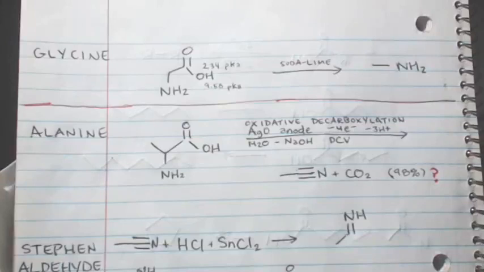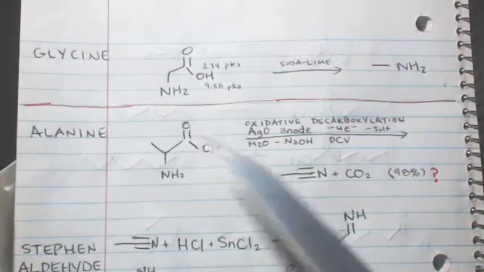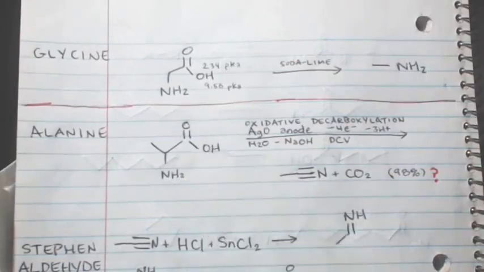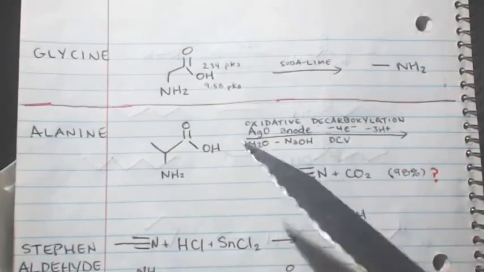And the next reaction, we're back to electrolysis. Most of these are electrolysis. Now, alanine, that's just propanoic acid with an alpha amino group, right? It's an amino acid. Throw some DC on it, and you'll do an oxidative decarboxylation.